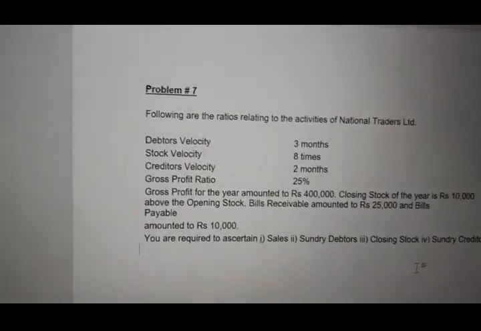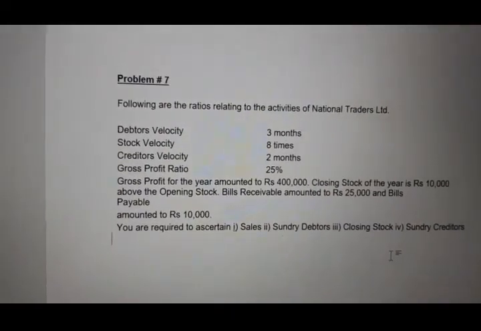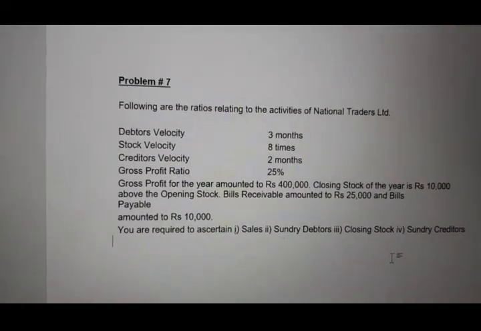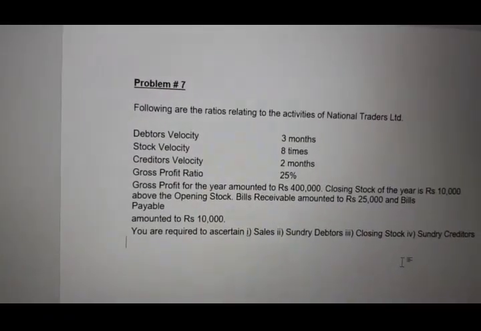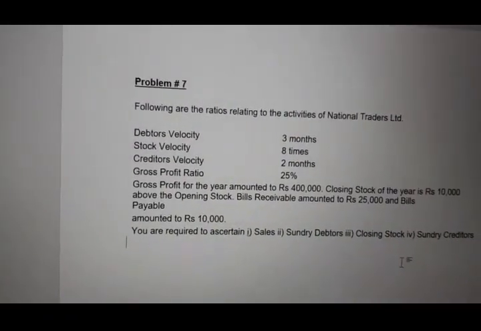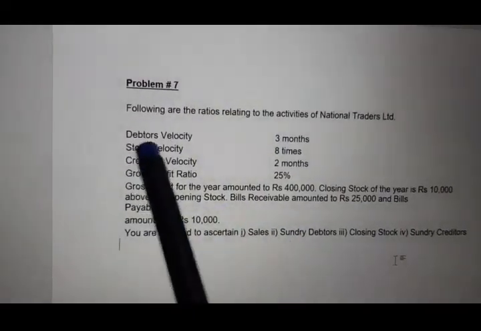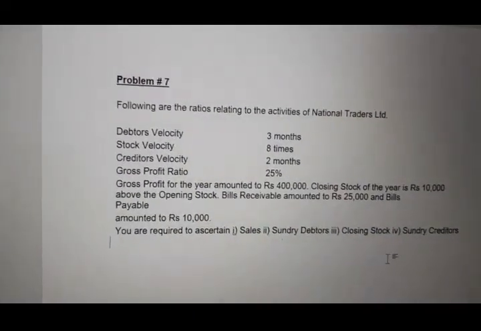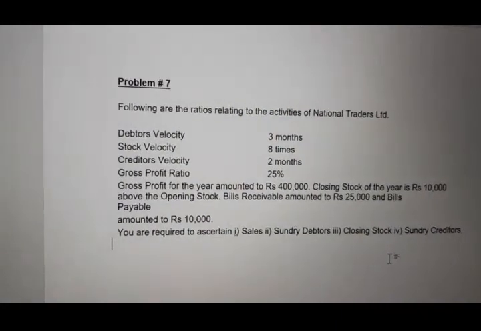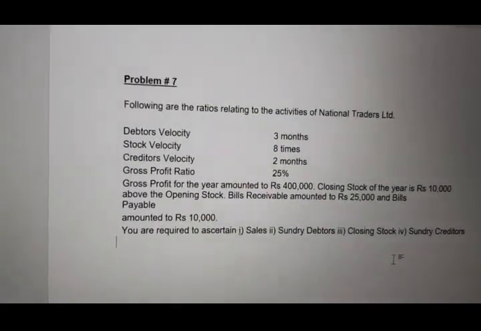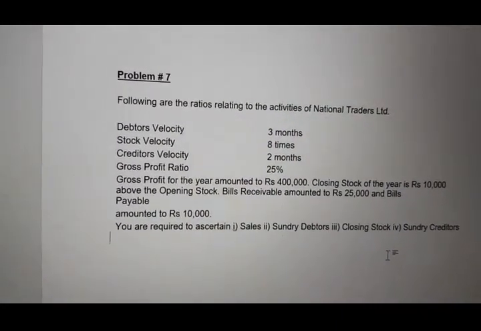Okay, now here let us see first what are the ratios given over here. See, in my earlier video I have shown you the formula for debtors turnover ratio, and here it is given as debtors velocity ratio. The difference between these two: debtors turnover means how many times we are getting money from a debtor.